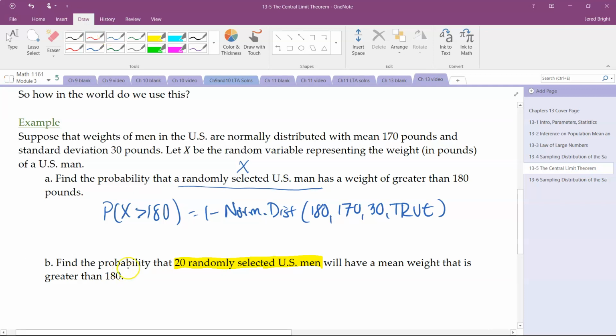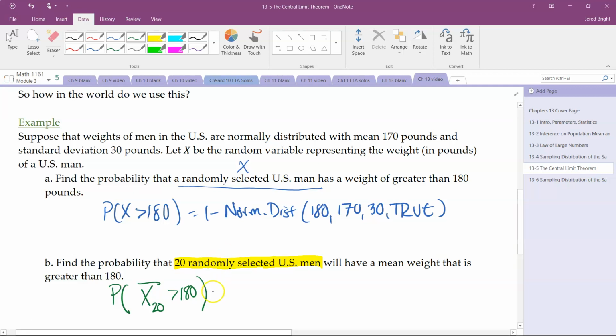I'm looking for the probability that any mean of size 20 is greater than 180. That's what this exercise is saying. So I'm looking at the sampling distribution because I'm looking at all samples of size 20 and the chance that any given sample mean is greater than 180.